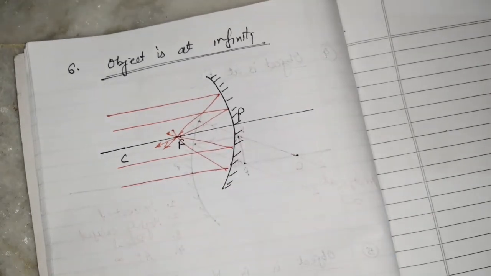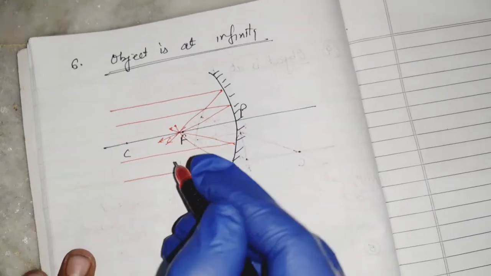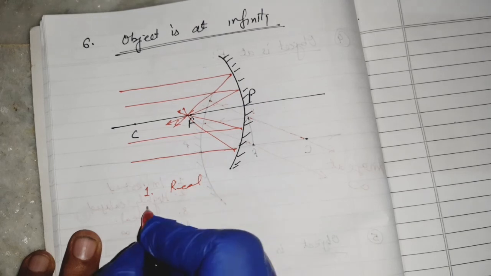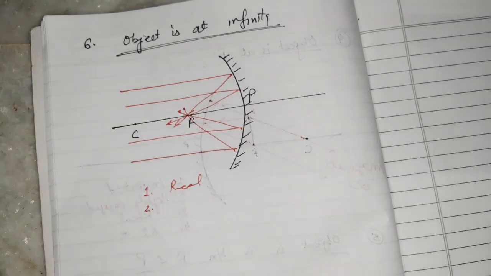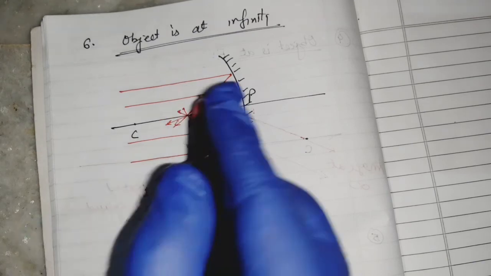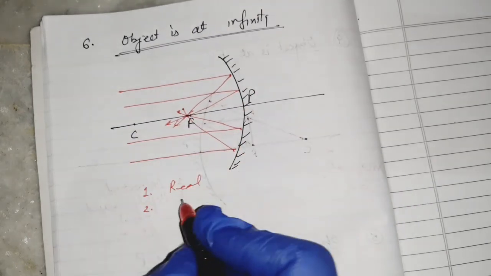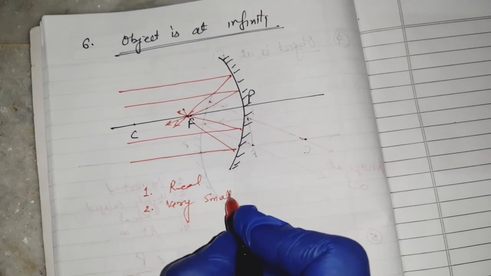So what type of image is formed? So many rays are actually meeting at this point, so it is a real one. Now size. The object is at infinity, so it must be a very large object, and all the rays are focusing at this point, so it is a very small image.